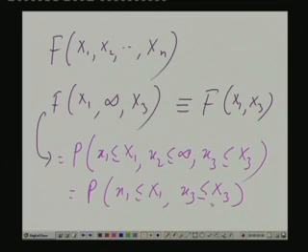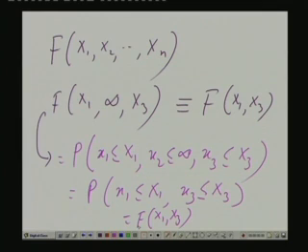I am not selecting a particular choice of x2 because all possible x2s are covered. X1 should be less than or equal to capital X1, but all cases of x2 will be considered, for which x2 can take values from minus infinity to infinity. So, this is nothing but your F, I guess you understand this.